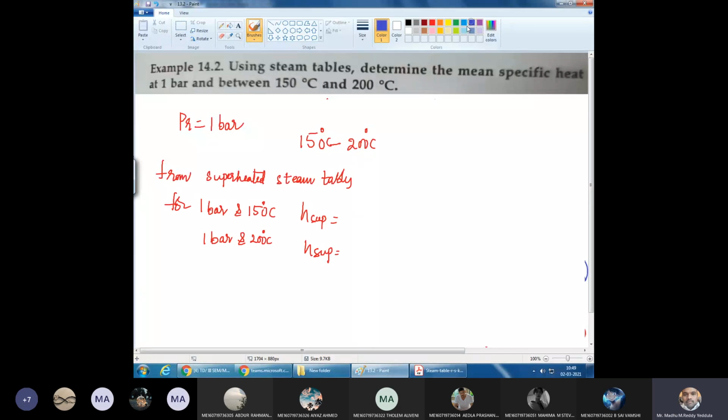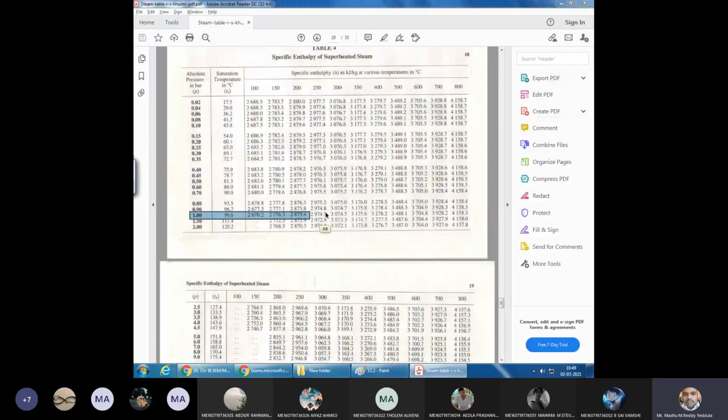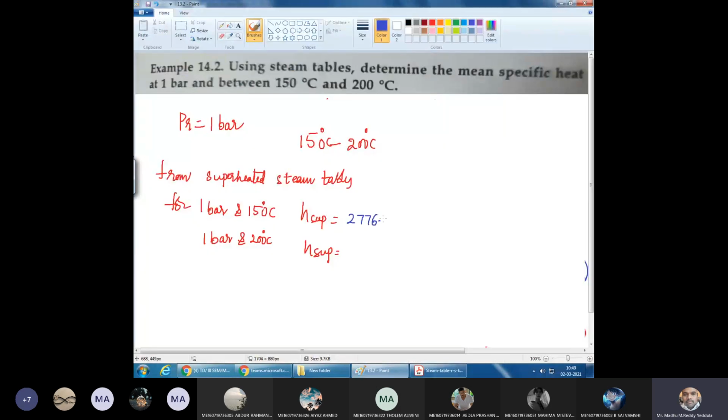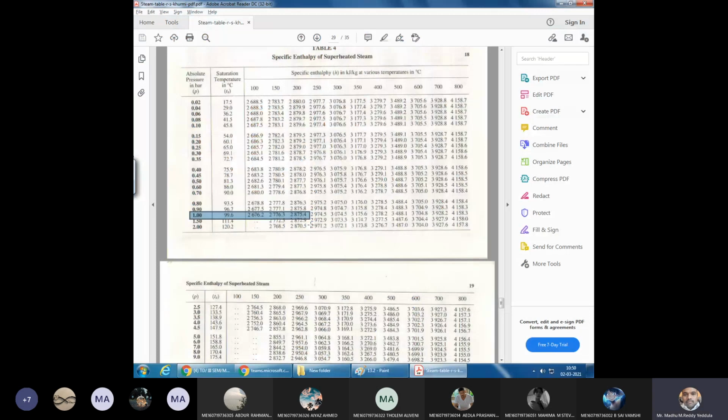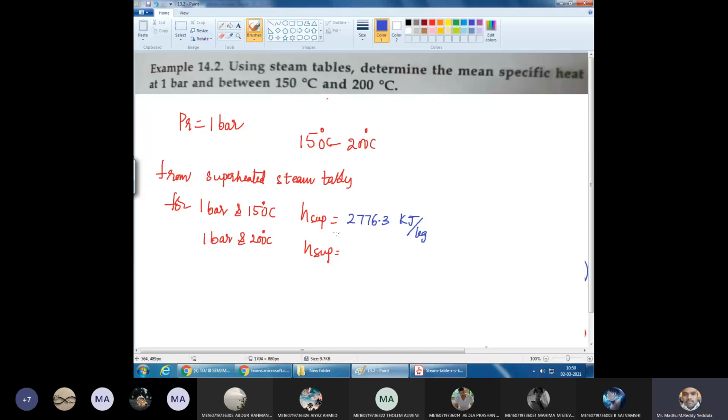Can anyone remember what is the first value? First value 2776.3 kilojoules per kg, and at 200 degrees centigrade 2875.4 kilojoules per kg. Okay, so I know enthalpy at 150 degrees centigrade and enthalpy at 200 degrees centigrade.